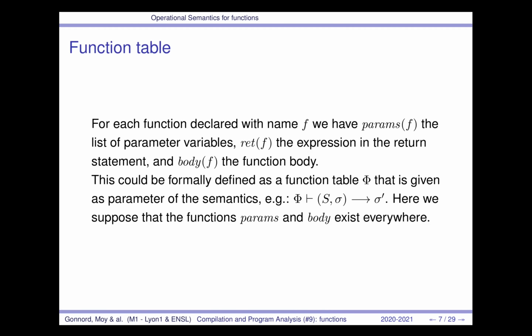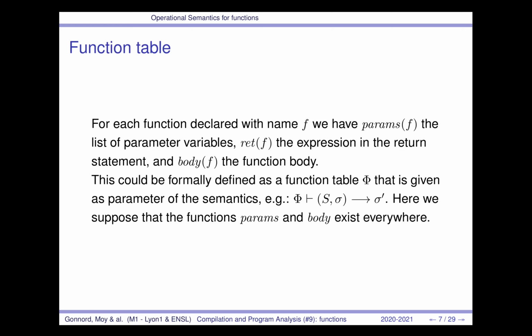Before getting into the semantics, I define a few helper functions for my semantics. For each function f, I'll use three different functions that I can use in the semantics, so in a sense, mathematical functions, not functions of my program. Those three functions are params, return, and body.